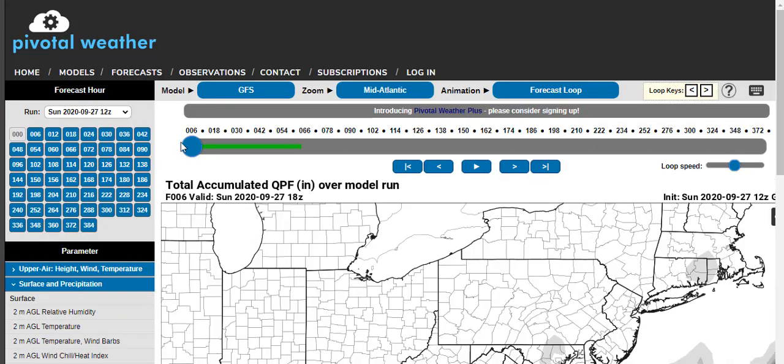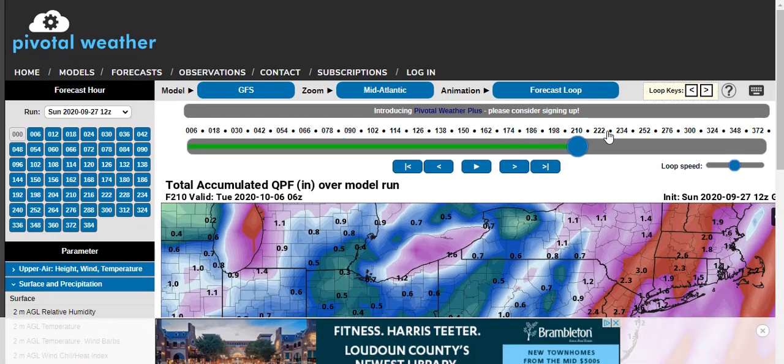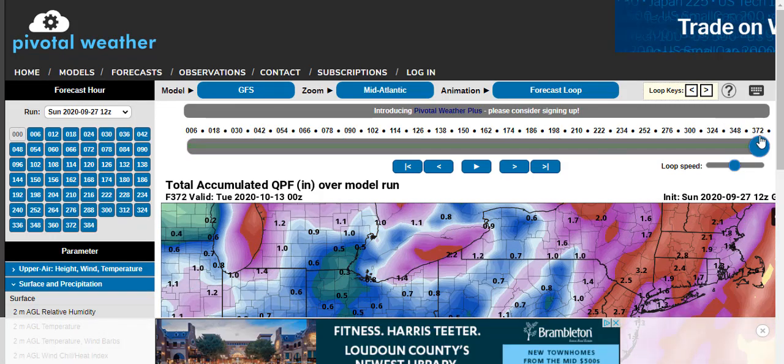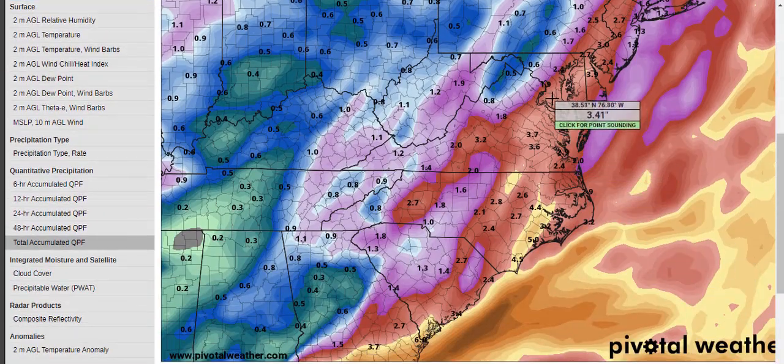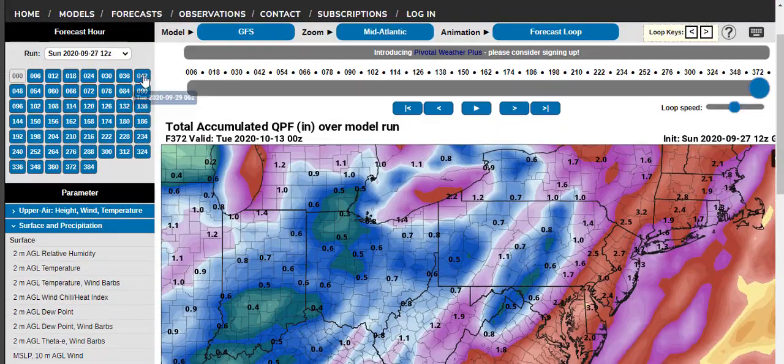If I click on that and if I move the model all the way to 372 hours out, which brings us to Tuesday, October 13th, you can see that in those 2 weeks, the DC area, according to this model, accumulates 2 inches of rain in the next 2 weeks. This almost never plays out, but it's actually kind of fun just to look. It's what we call science fiction.